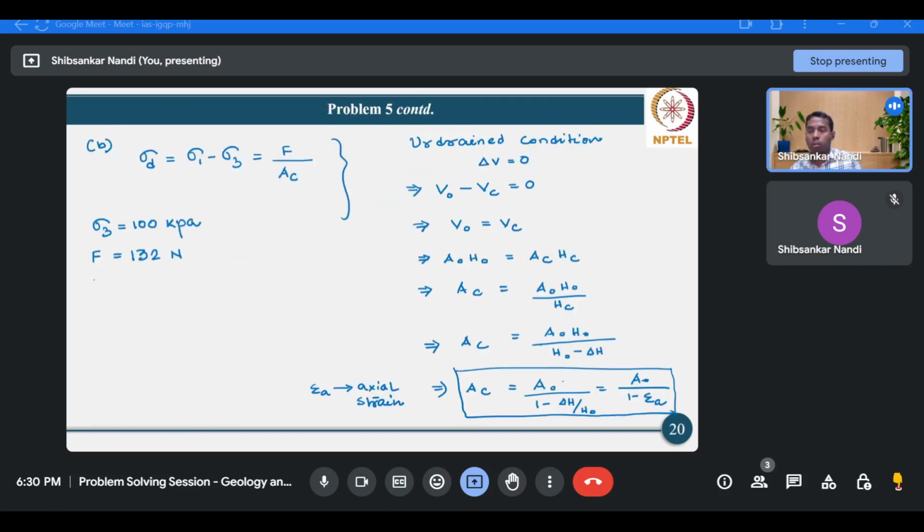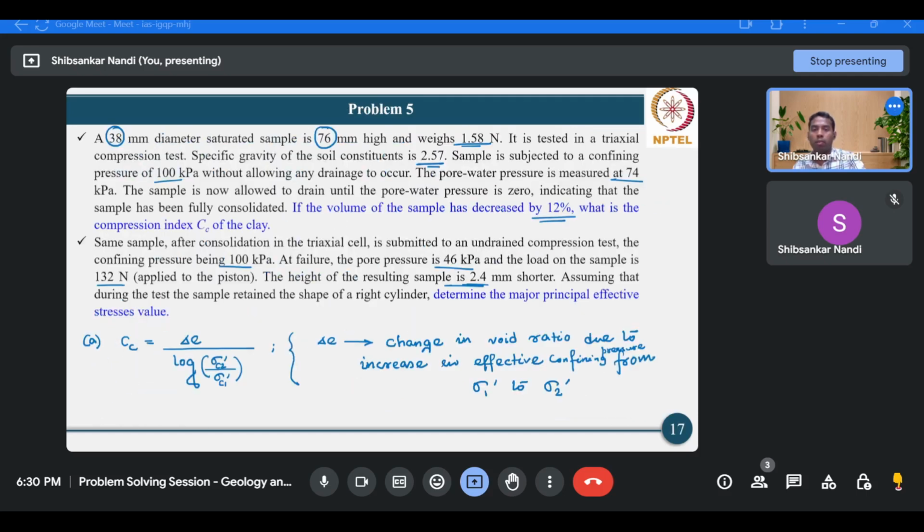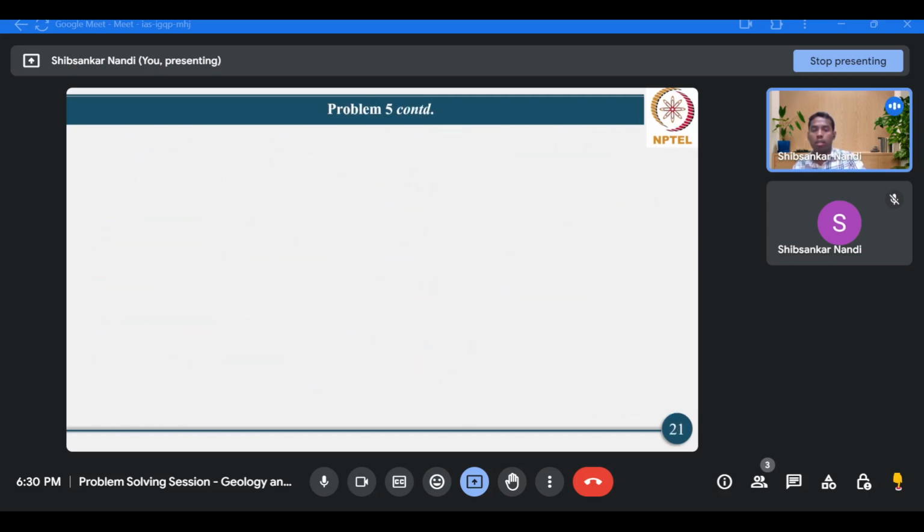The pore water pressure U is 46 kPa, and delta H is nothing but 2.4 mm. And what was the initial thickness of the soil sample? That was 76 mm.